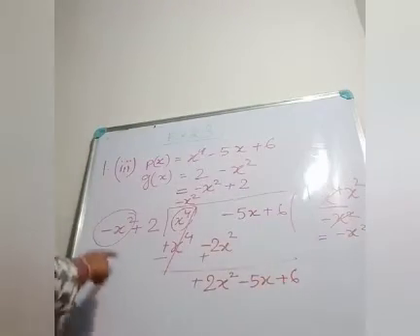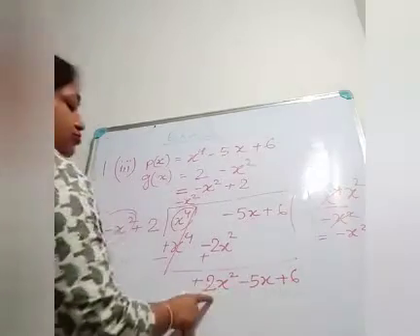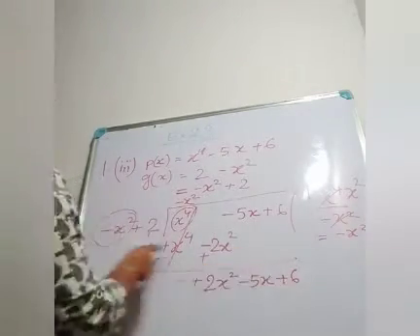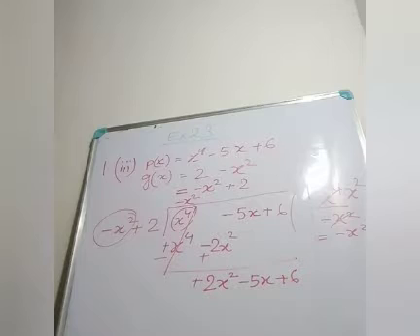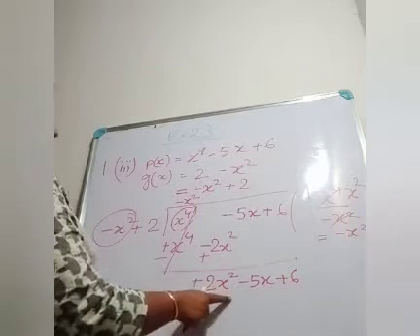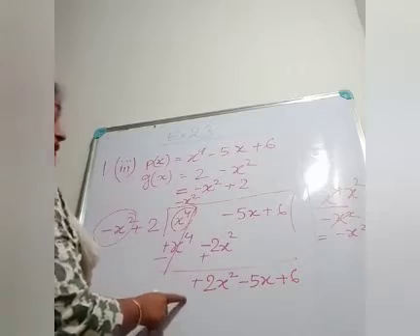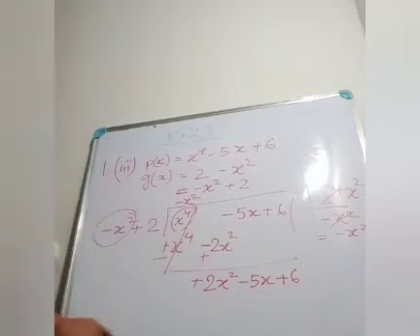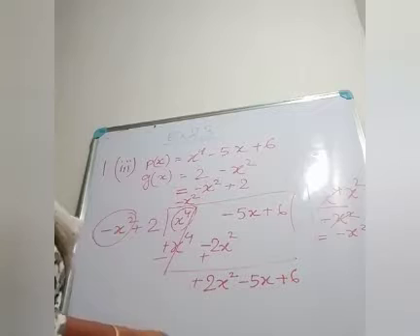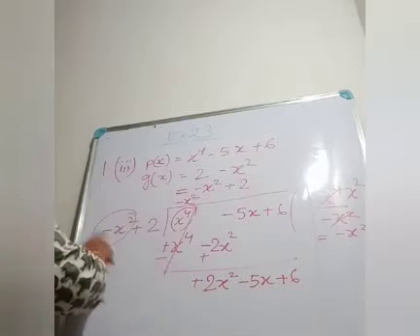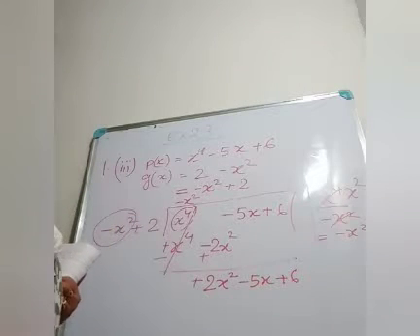Now here you see the remainder is 2x square minus 5x plus 6 and the divisor is minus x square plus 2. So now again you can divide until the degree of the remainder is less than the degree of the divisor.